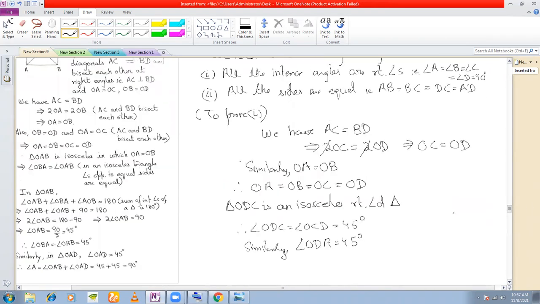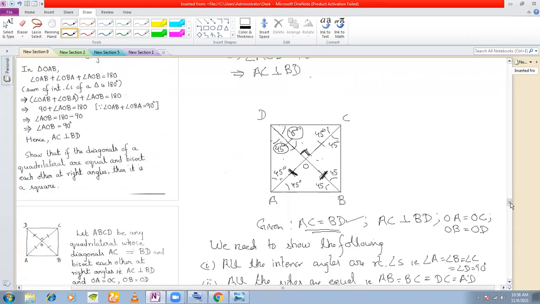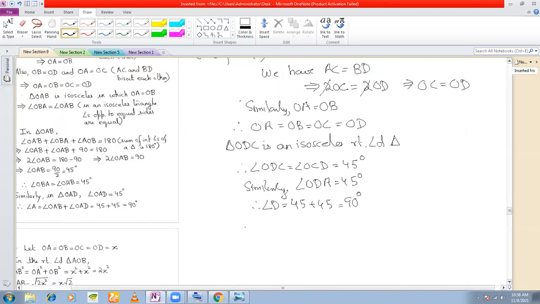Therefore, angle D is equal to 45 plus 45, 90. So we have shown one angle to be 90 degree. Similarly, we can show angle A is equal to 90 degree, angle B is equal to 90 degree, angle C is equal to 90 degree. So what does this show?